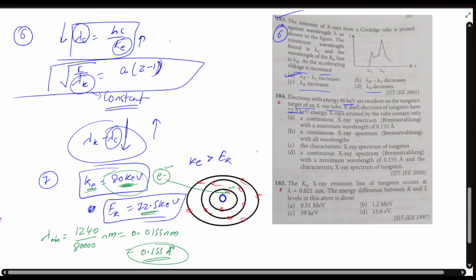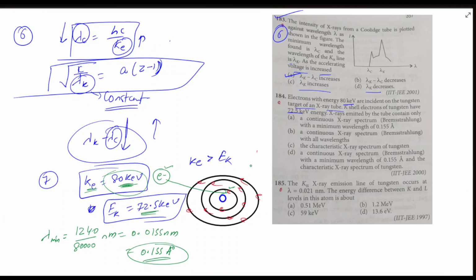And after that, there will be a lot of wavelengths, a continuous spectrum. And K alpha will also be there. Continuous X-rays will be there with a minimum wavelength.